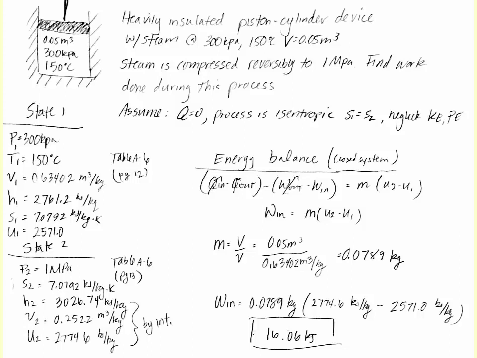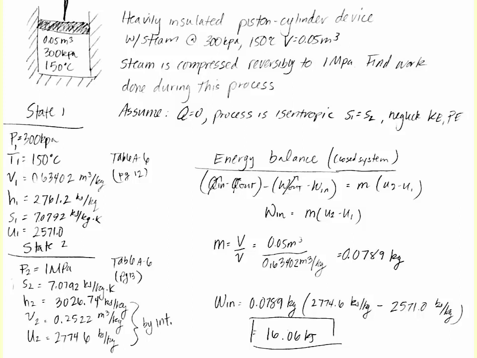So the volume over the mass is 0.05 meters cubed divided by 0.63402 meters cubed per kilogram. Gives us a mass of 0.0789 kilograms. So now we can plug everything into our equation.